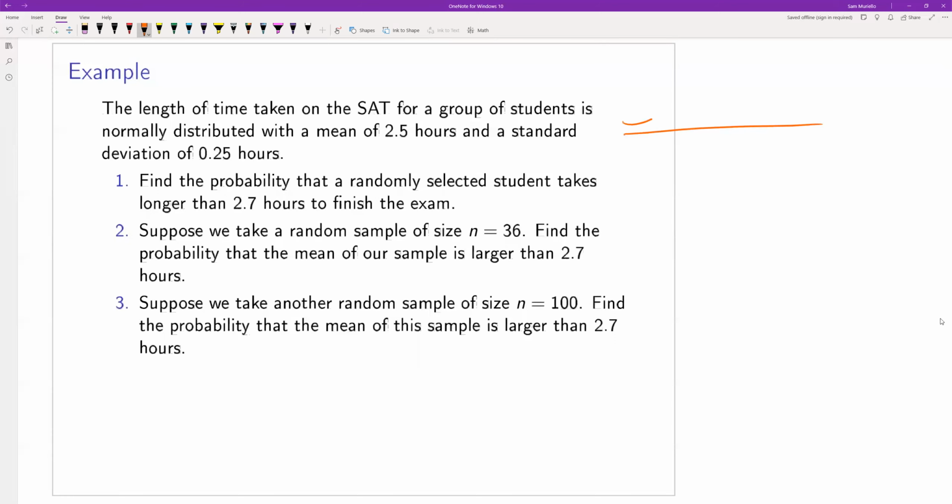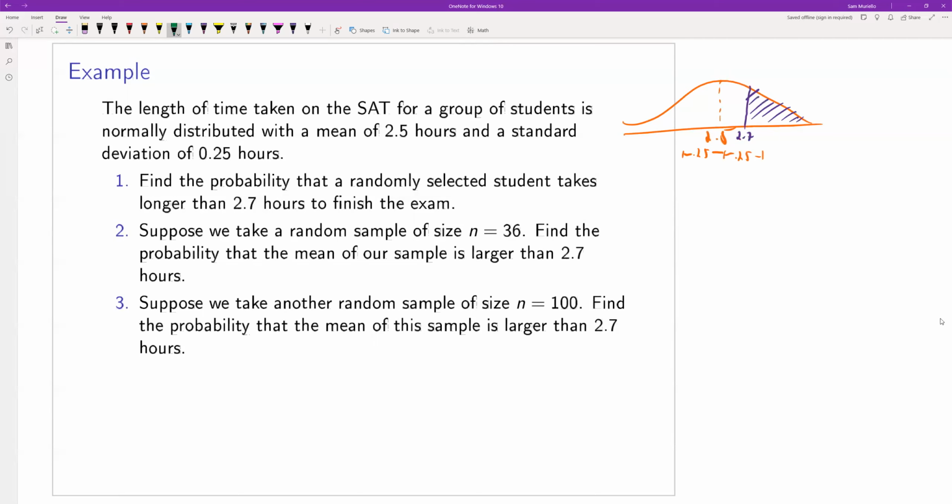Now we know how to set this one up. If we were to sketch a graph, we would have a 2.5 here. The standard deviation would be 0.25 going in both directions. We are looking for, at 2.7, right around here, the odds that it is in this area.